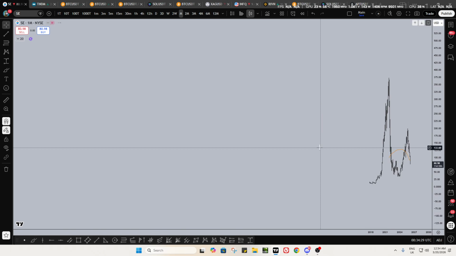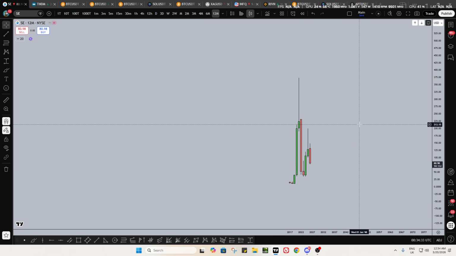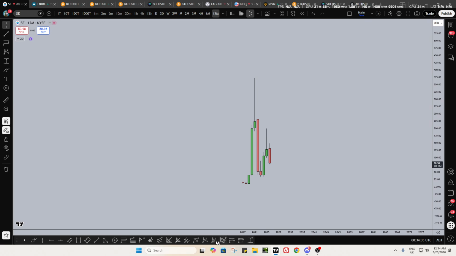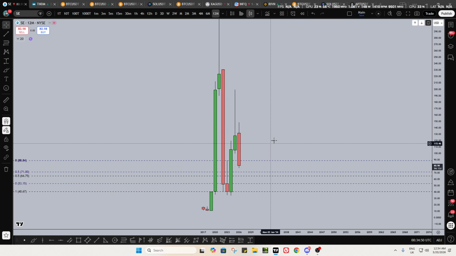This one is one of the uglier charts. Let's give it some extra confluence for this region. Support approaching just below us.